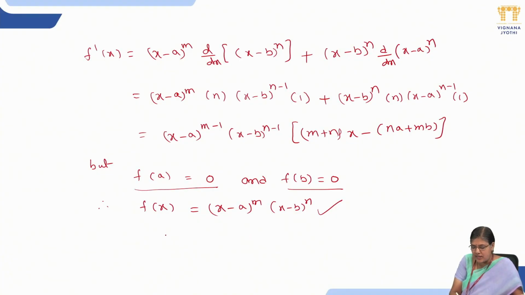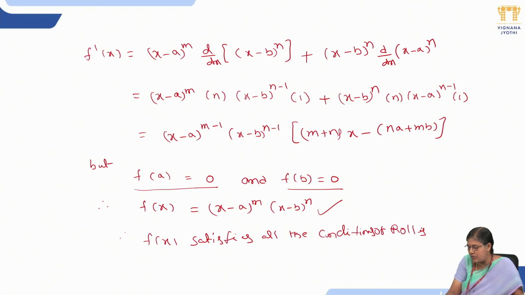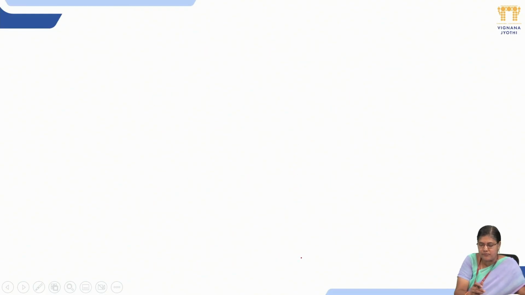Therefore, f of x satisfies all the conditions of Rolle's mean value theorem. From the statement of Rolle's theorem, we have f dash c is equal to 0.